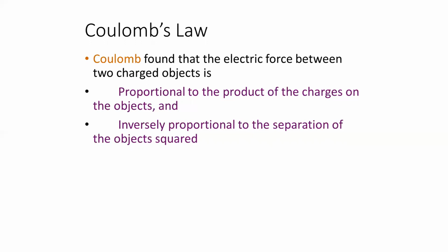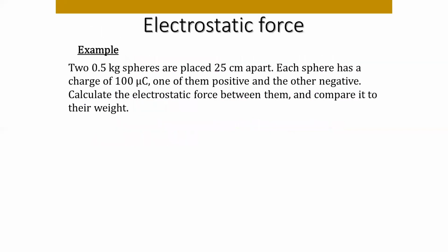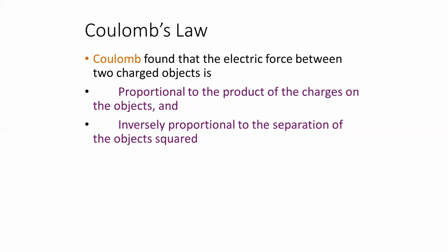The distance between Q1 and Q2 is R. So F is proportional to 1 by R square. If we combine these two, then the formula is F equal to K Q1 Q2 divided by R square.